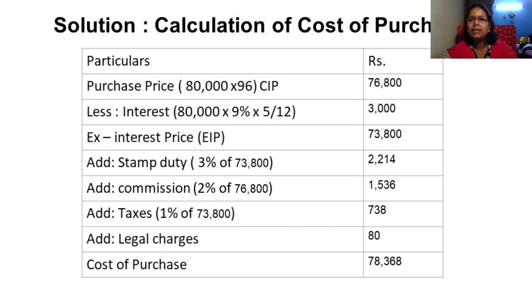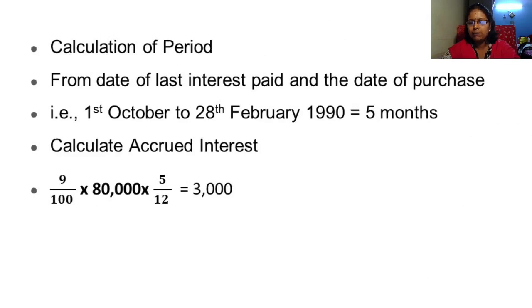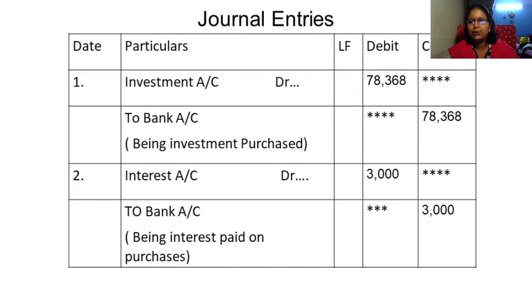So when you add all this, 73,800, 2,240, 1,536, 738 and 80, your cost of purchase is 78,368. Now we will look at the journal entry. What is the journal entry when you purchase? Investment account debit to bank account.